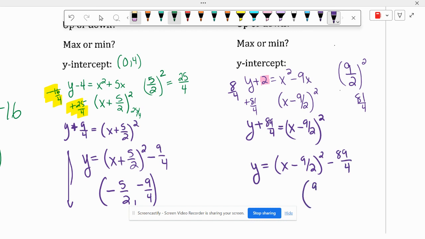So my vertex is 9/2 and negative 89/4. And I think if you put that into a decimal, you would get 4.5 and negative 22.25. Is someone mathing that for me? I think that's what that is.